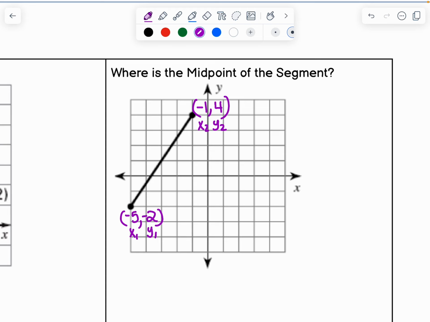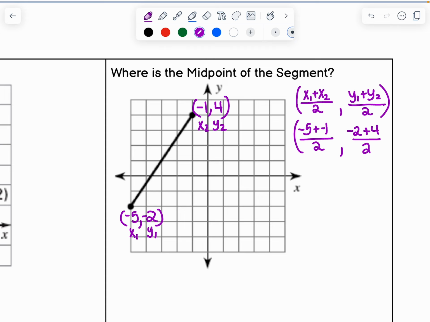And so now we have to remember, what is our midpoint formula? Our midpoint formula is x1 plus x2 divided by 2, y1 plus y2 divided by 2. And so our x1 is -5, our x2 is -1 divided by 2, and our y1 is -2, and our y2 is 4.